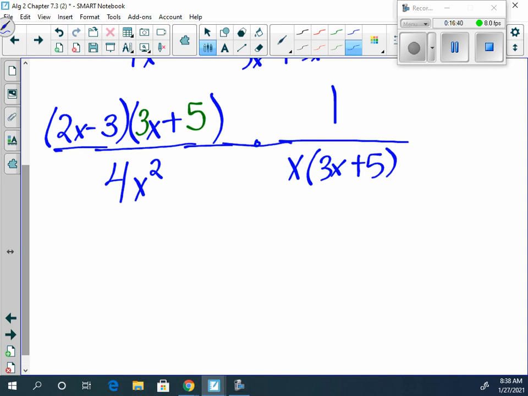And again, these are being multiplied together. So what's in common? 3x plus 5. And nothing else.